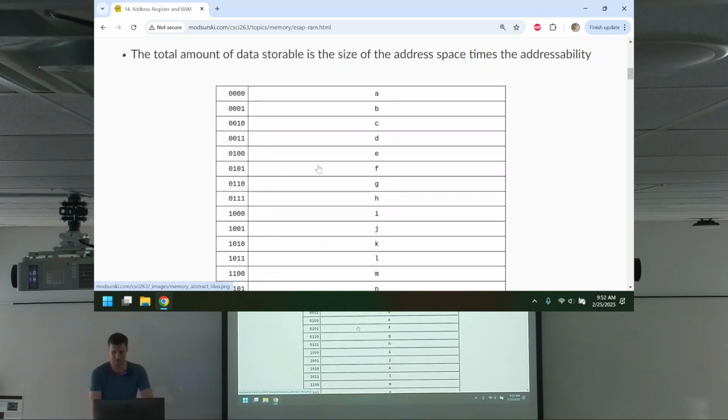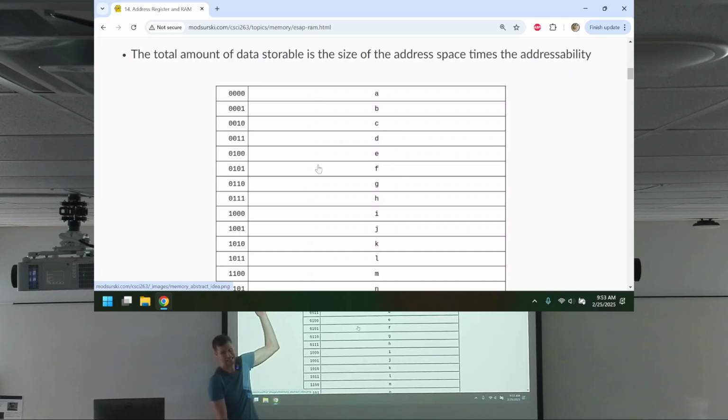The total amount of data storable is the size of the address space times the addressability. If I have 16 memory addresses, and each address can store 1 byte, that's very simple multiplication. How much data can I store? Well, stop talking bits. How many bytes?